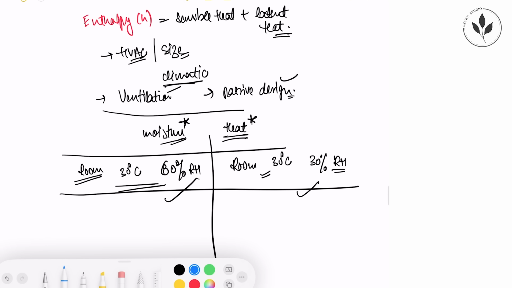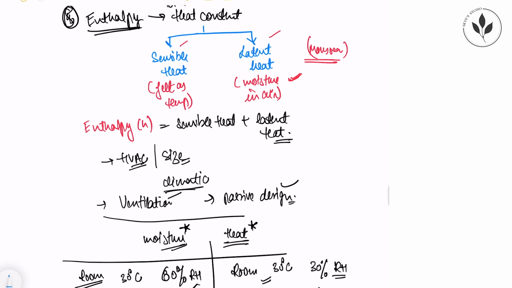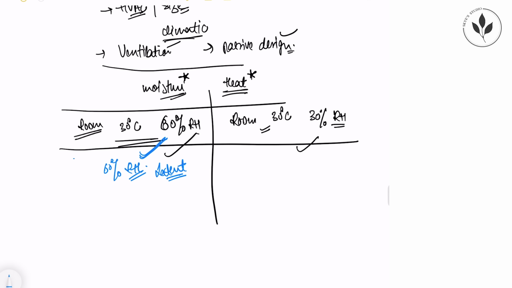The answer is the more enthalpy will be in this room because of the more relative humidity. The more the latent heat, the more will be our total enthalpy. Since it is the total of both, if I have more latent heat, which means my humidity, 60% is more latent heat, 30% is less latent heat. So that means the enthalpy of this situation will be more as compared to this.